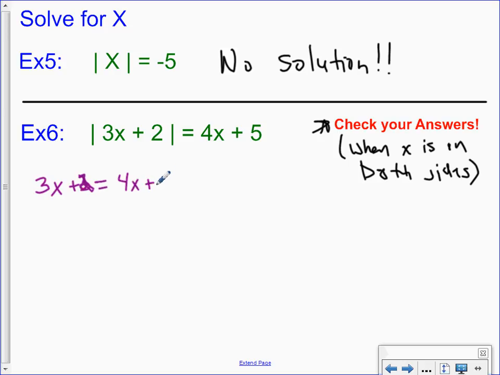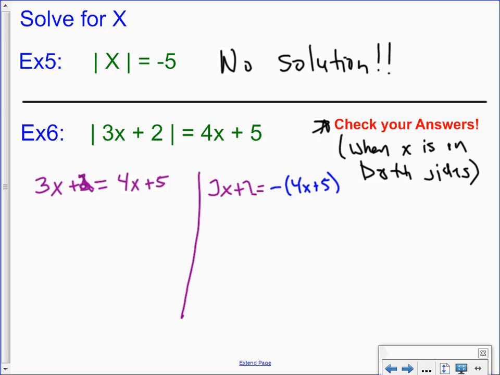It's either the positive of that equation, which is just 3x plus 2, or 3x plus 2 is equal to the negative of that equation. The negative of 4x plus 5 would be negative 4x minus 5. You could just set it up that way.